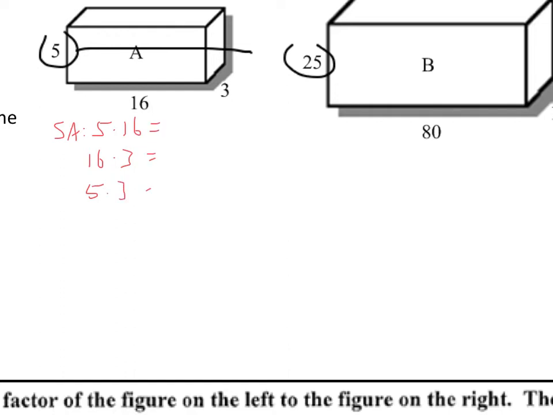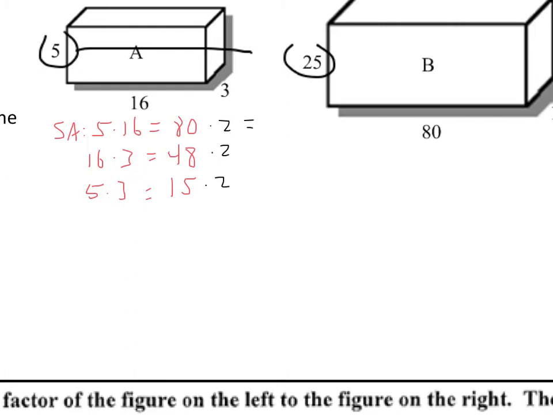These products are 80, 48, and 15. Now the thing is, that's 3 of the sides. You have 6 total sides on this shape, and you're duplicating all of these. So I would just take each one times 2, because you have basically another side matching with that.